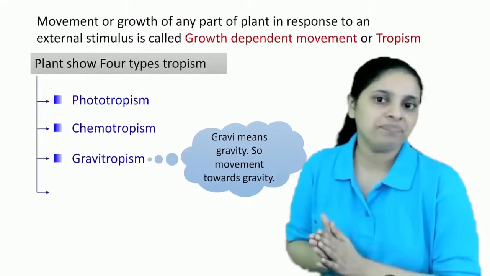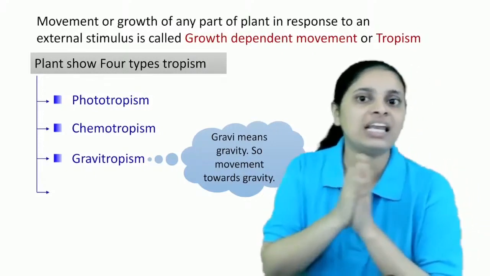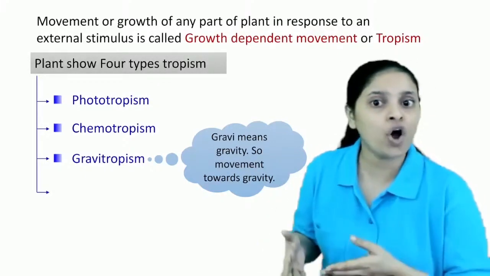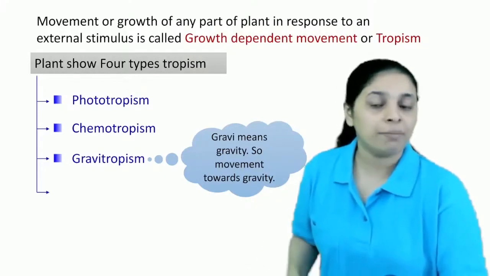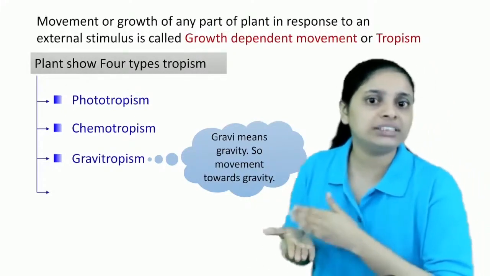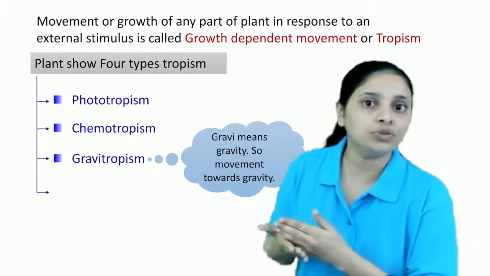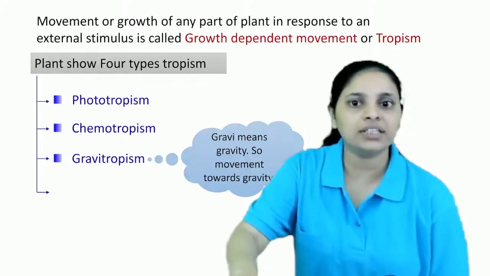Stem or the shoot will grow towards the light source but away from gravity. But roots will grow in the soil, that means towards gravity but away from sunlight. So you can see as the stimulus is changed, different parts of the plant are also responding in a different manner. Right? चौथा टाइप देखते हैं कौन सा है.